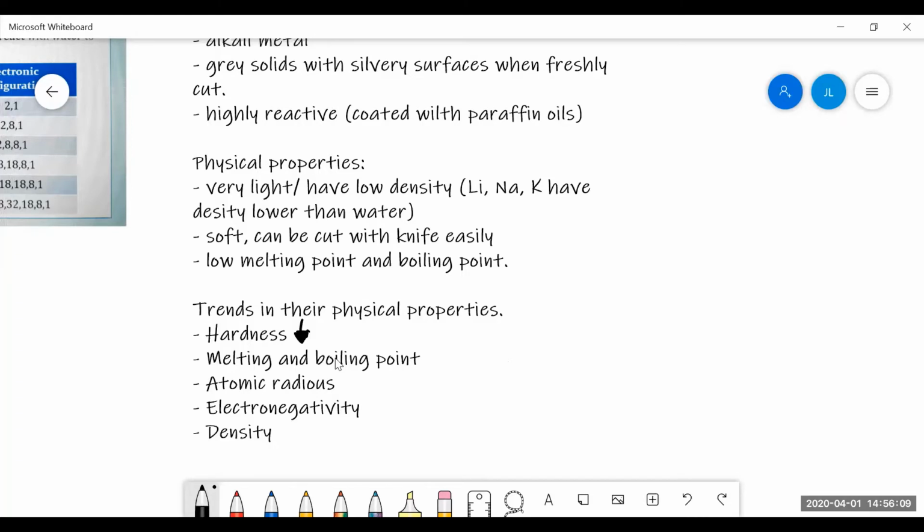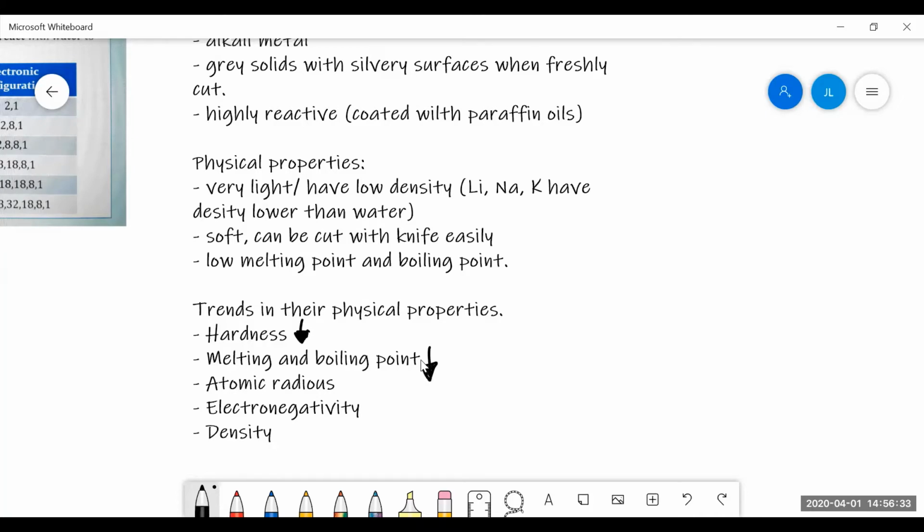So for melting and boiling point, what happened as we move down across this period? Does it increase or decrease? Increase? No, actually it decreases.